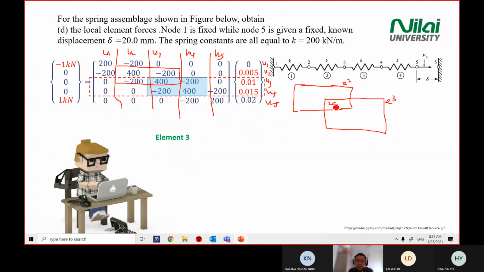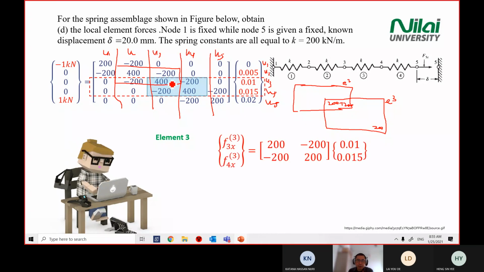So you have 200 plus 200 here. Be careful not to copy the 400; you have to break it into 200.